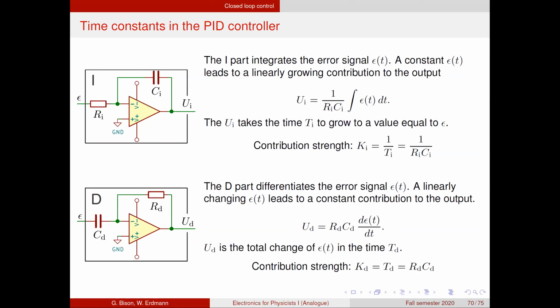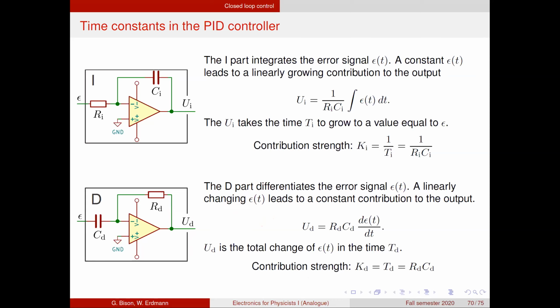And then on the other hand, the D part, the differentiation part: in order to get something out of that, we have to have a changing error signal. So let's say we have a linearly changing error signal. And then we can calculate, if we have a slope on this error signal, how large is the voltage that we get out of the differentiator.